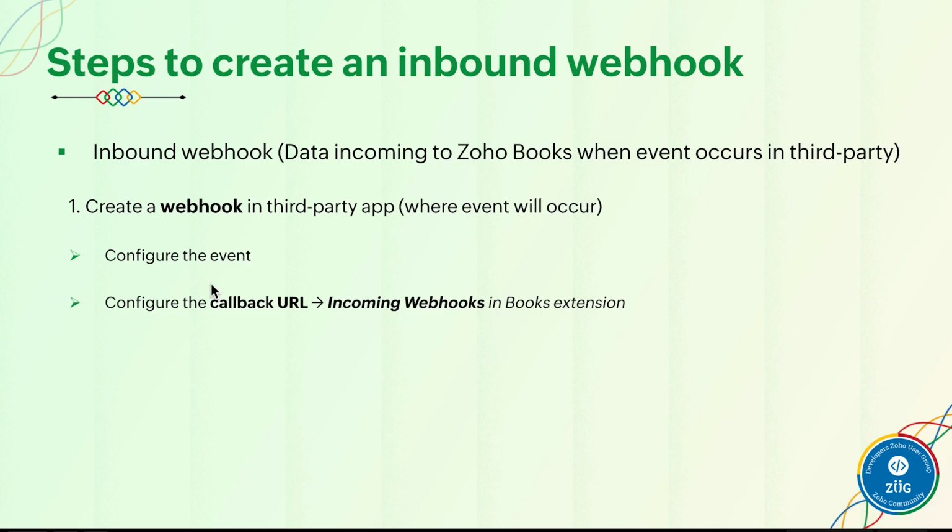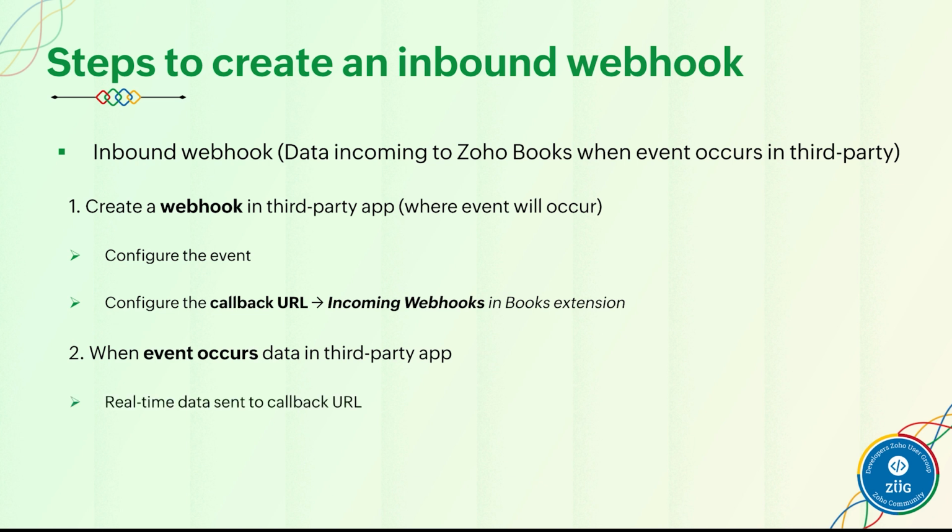Once both the event and the callback URL are configured and the webhook is created, whenever an event occurs in the third-party application, the real-time data will be automatically posted to the incoming webhooks function in your Zoho Books extension.